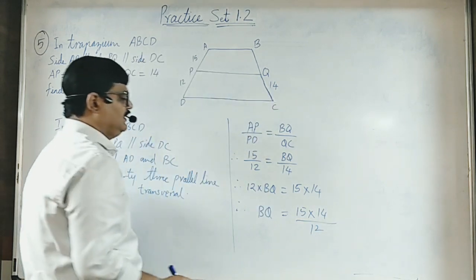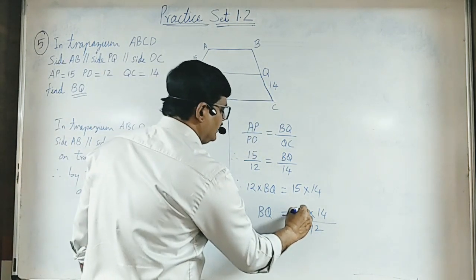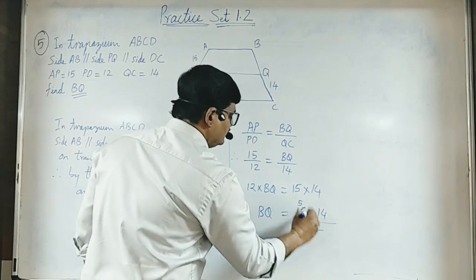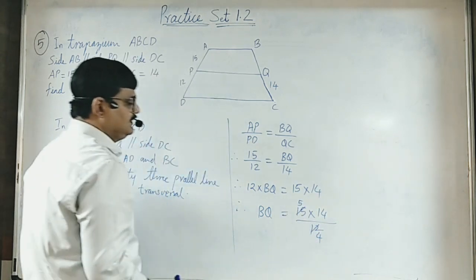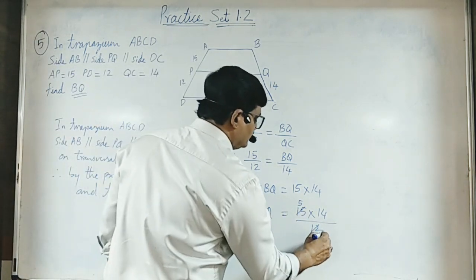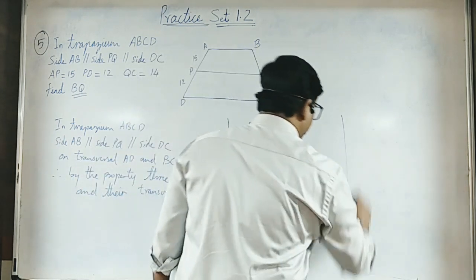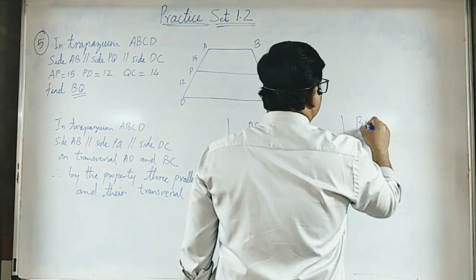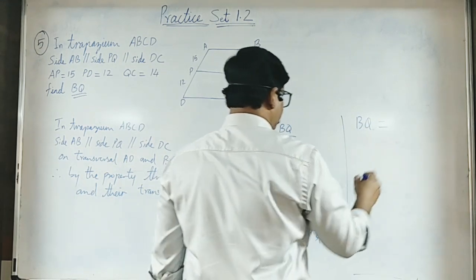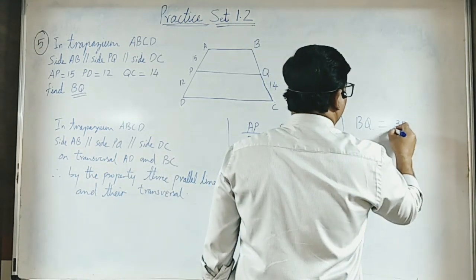Now this will go in the table of 3: 3 fives are 15, 3 fours are 12. And 2 twos are 4, 2 sevens are 14. So you will get BQ equal to 35 upon 2.